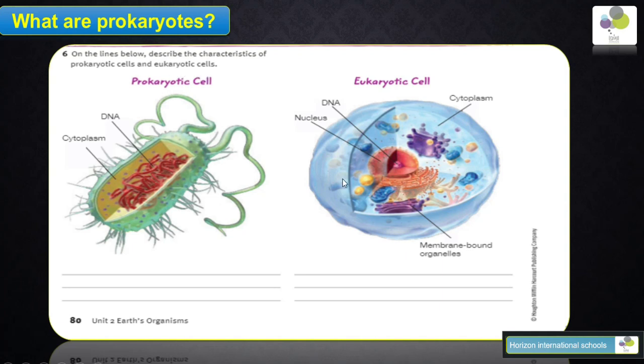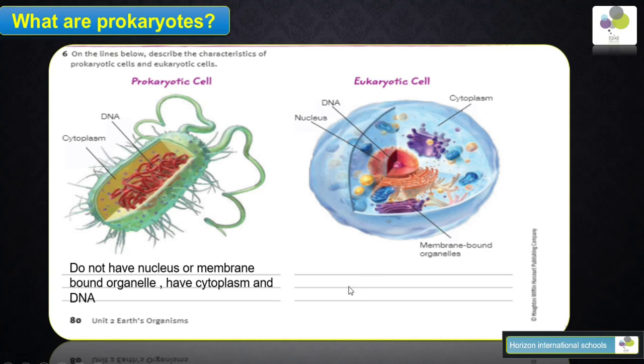Okay, so the main characteristics of both of them here: the prokaryotic cell, of course, doesn't have nucleus, and that's why the DNA is free in the cytoplasm, and they don't have membrane-bound organelles. Of course, both of them have DNA and cytoplasm. So guys, here the eukaryotic cell has nucleus and membrane-bound organelles, and also contains DNA and cytoplasm.